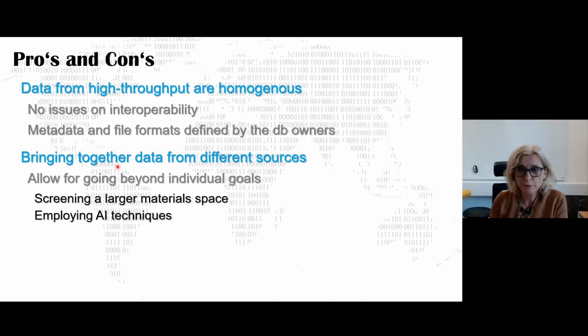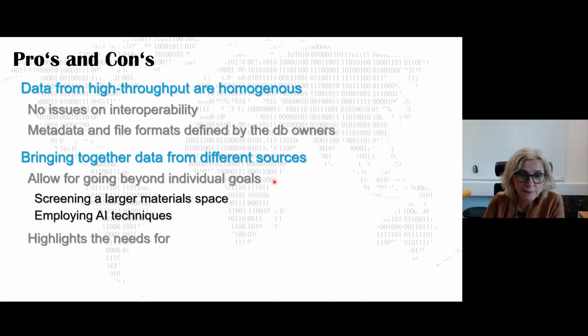However, if you would like to bring data together from different sources, this starts to become a burden. Different data from different sources, of course, are great because this allows us to go beyond the individual goals. So we can screen a large material space and employ artificial intelligence techniques. But for this, we need to make sure that data are interoperable.